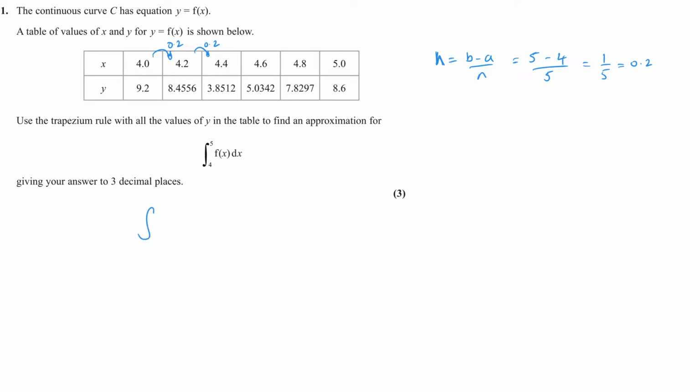Now the formula from the formula booklet, so we've got here our integral of f of x, and that's approximately going to be equal to half h brackets y0 plus 2, now y1, y2, y3, we got 0 here, 1, 2, 3, 4 and 5.